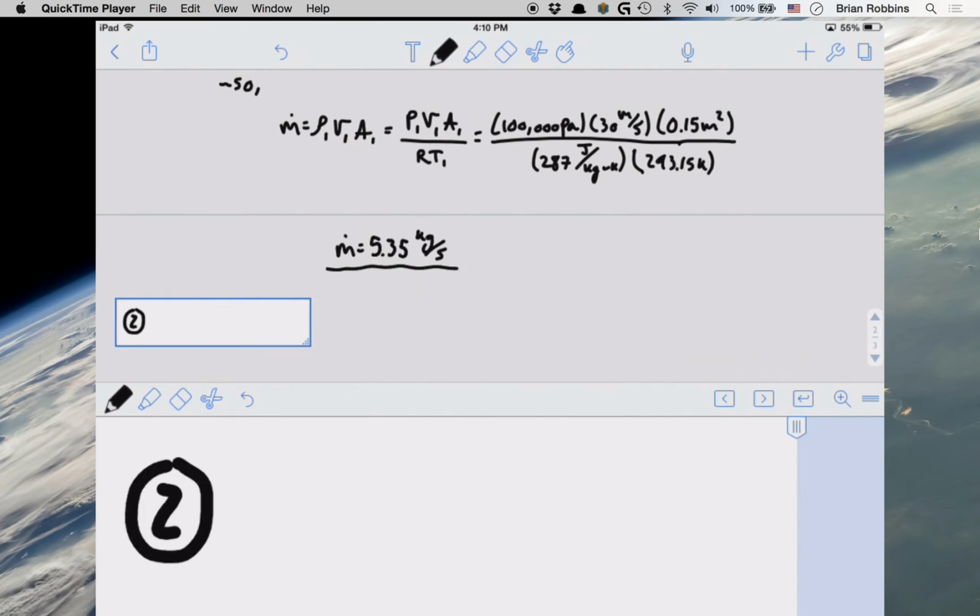So let's go ahead and take a look at the conservation of energy, or the first law of thermodynamics for an open system.